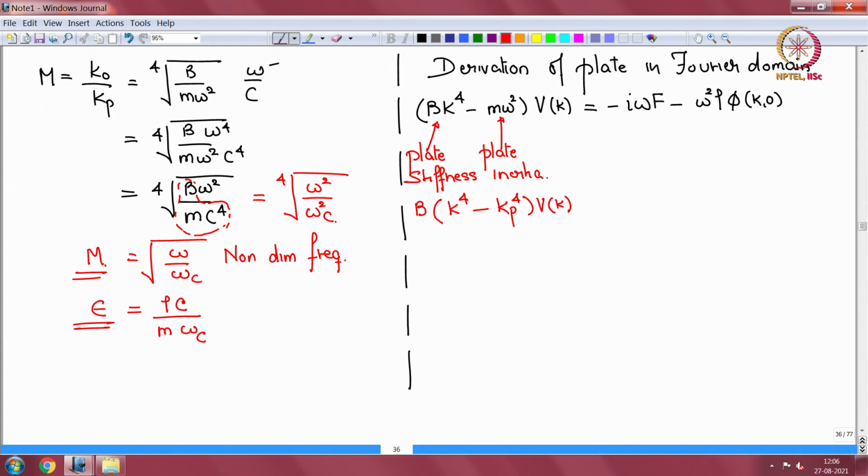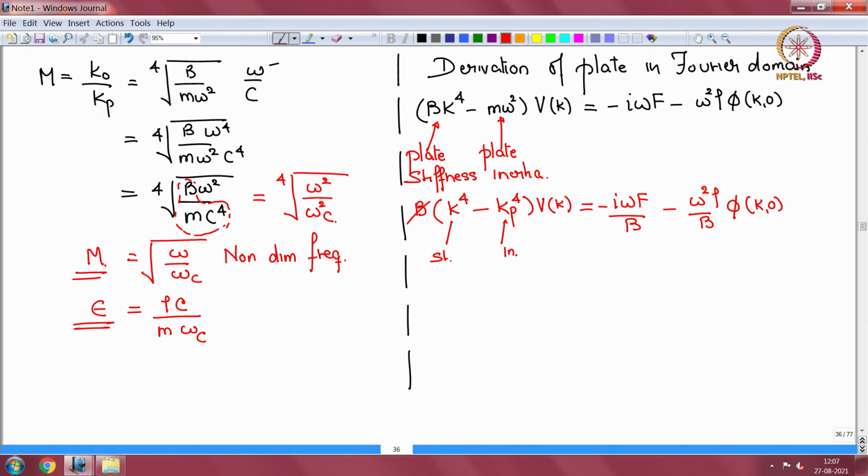This is still plate stiffness, this is still plate inertia, and divide by B. So if I divide, I get minus i omega f by B minus omega square rho by B phi of k comma 0.